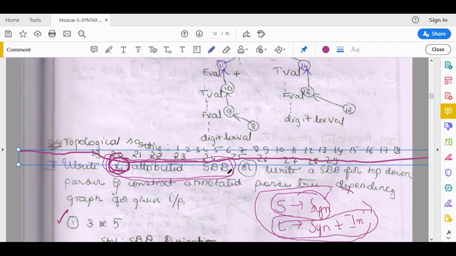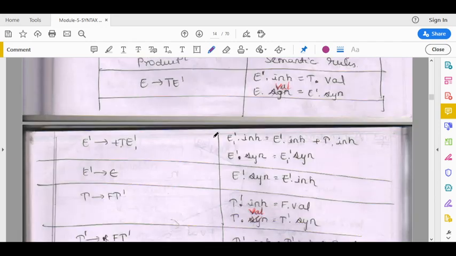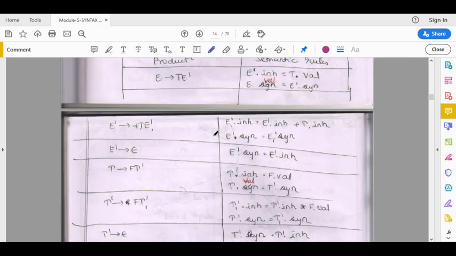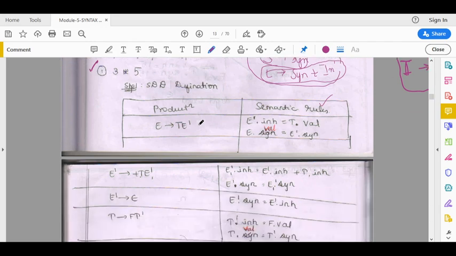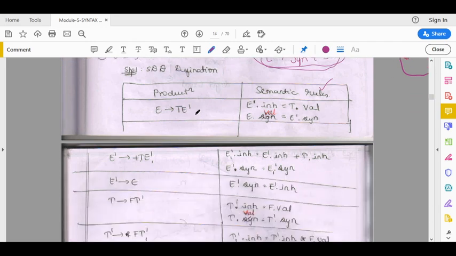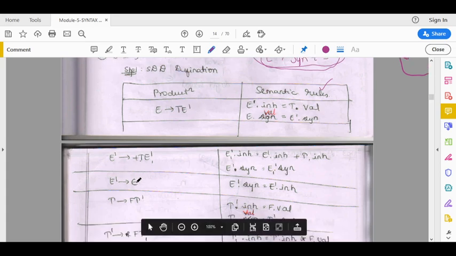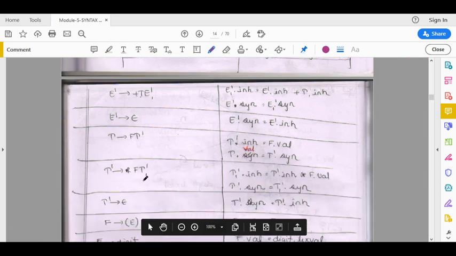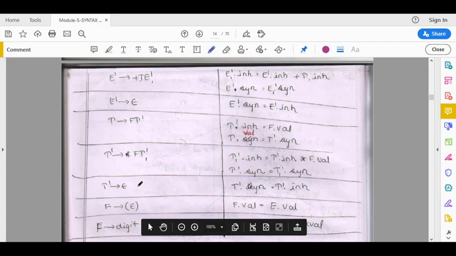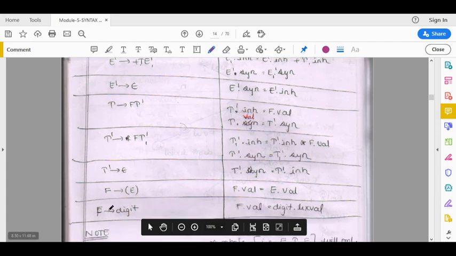So looking into the same production, what are the productions which I have? Here they have given with respect to the new productions, which is E tends to T E dash, E dash tends to plus T E dash, and E dash tends to epsilon, T tends to F T dash, T dash tends to star F T dash, T dash tends to epsilon, F tends to E, and F tends to digits.